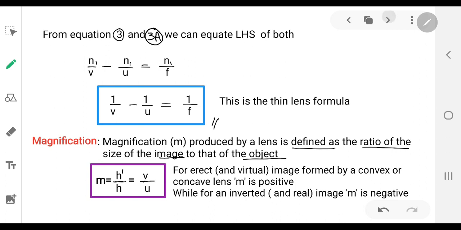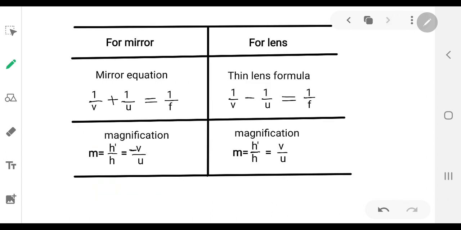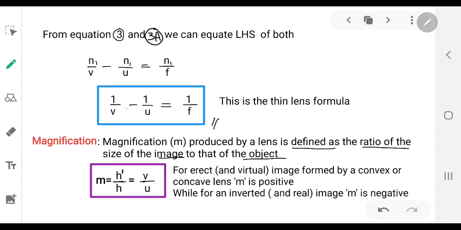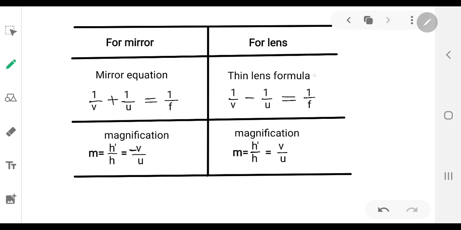We'll just revise the equations that you have studied in the case of mirror and lens. For a mirror, the mirror equation was 1 upon v plus 1 upon u is equal to 1 upon f. In the case of a lens, it is the thin lens formula where the minus sign is there: 1 upon v minus 1 upon u is equal to 1 upon f.